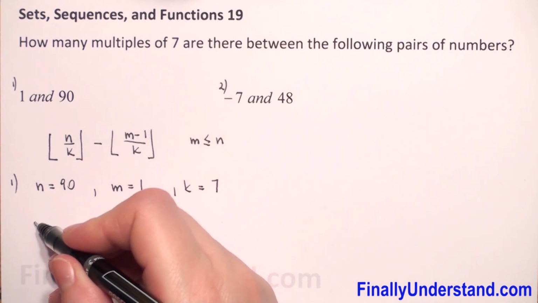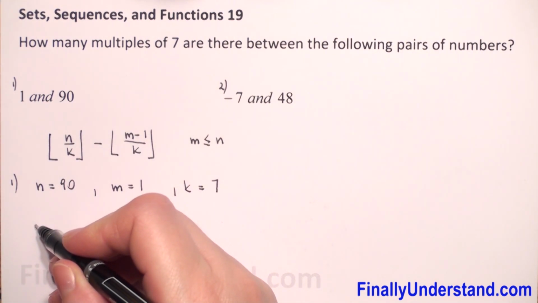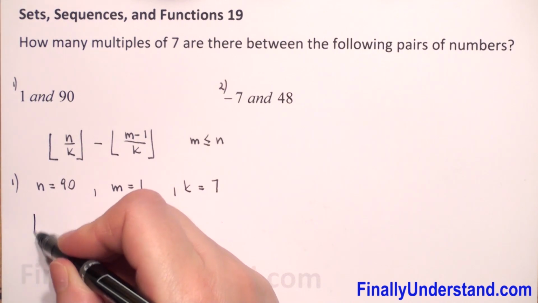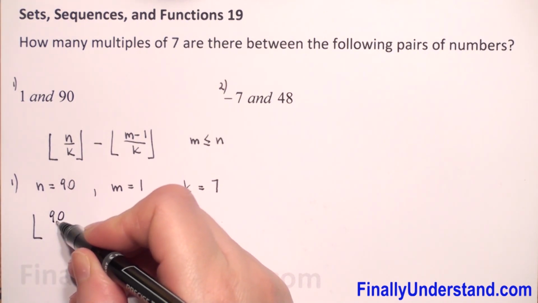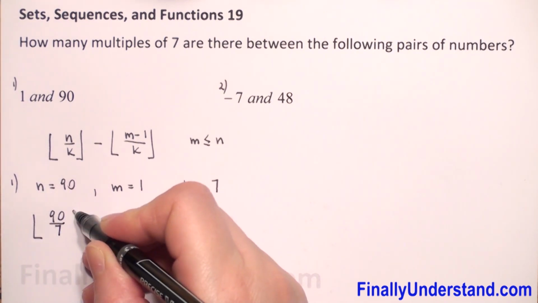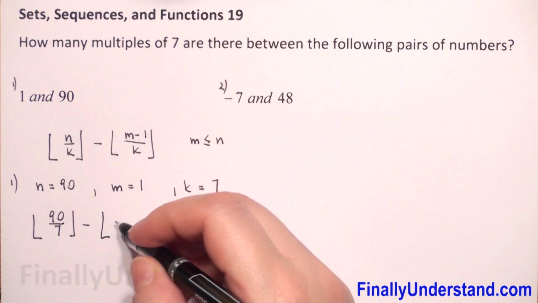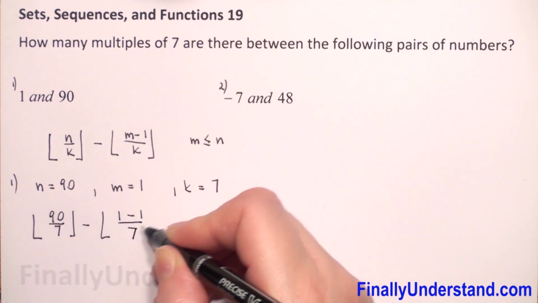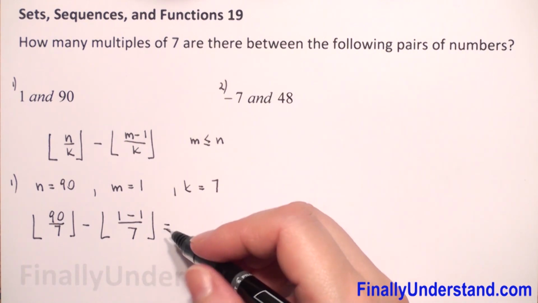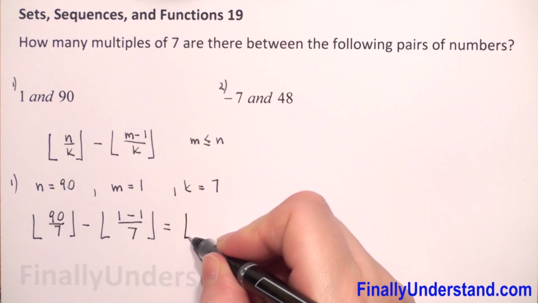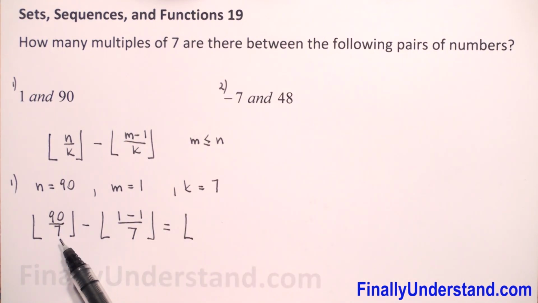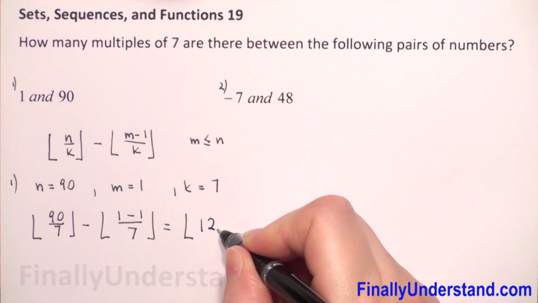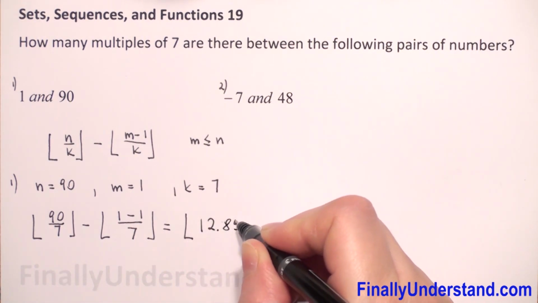So the number of multiples of 7 will be floor of 90 over 7 minus floor of 1 minus 1 over 7. So first we have to find 90 over 7. This is approximately 12.85.